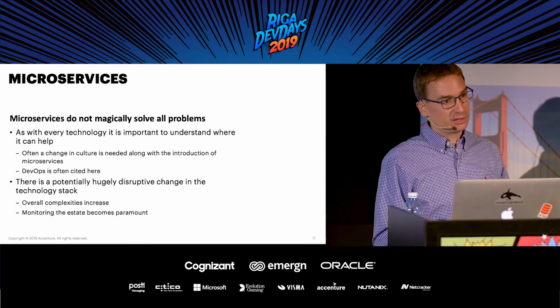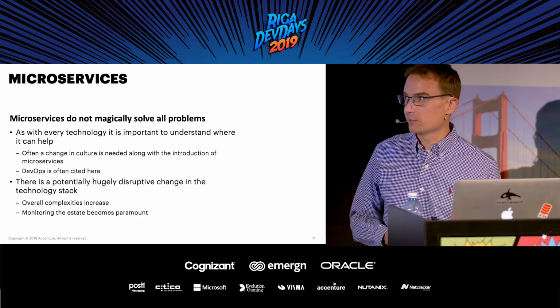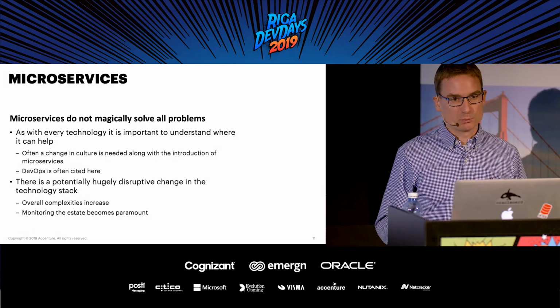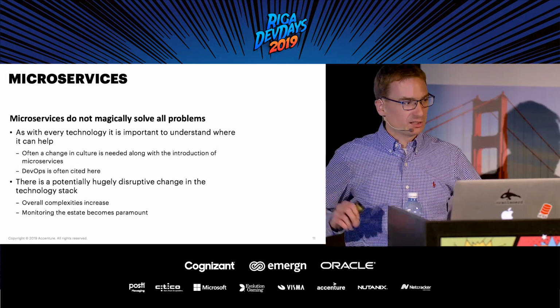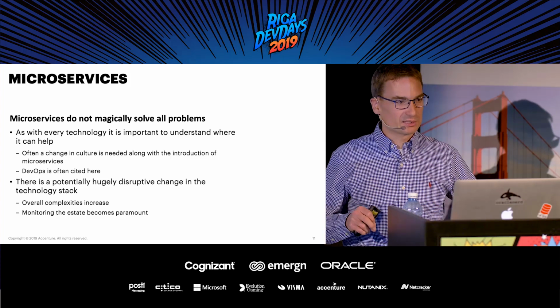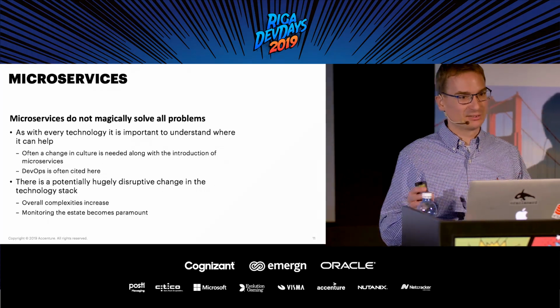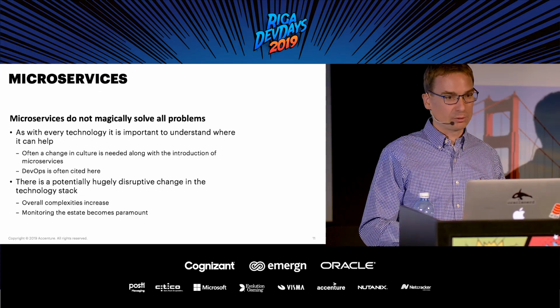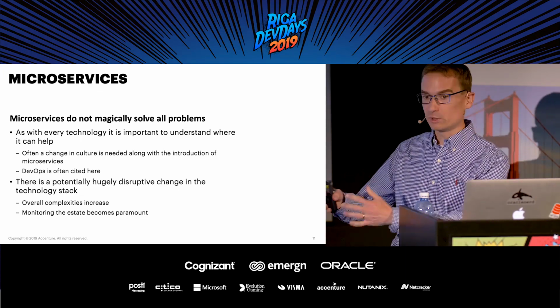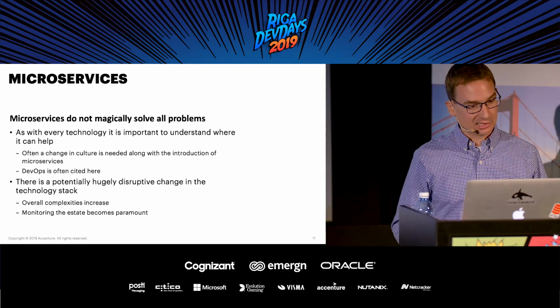So often a change of culture is needed when you want to implement this. A good friend of mine once said, most problems in IT aren't technological problems, they're people problems. So there's sort of the ratio, 70-30, where getting the people on board to help you move forward in the direction is actually a hard thing.